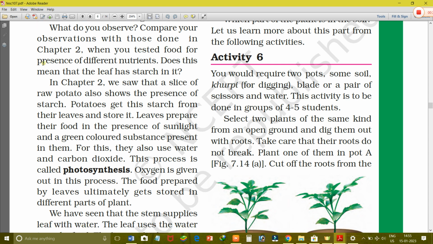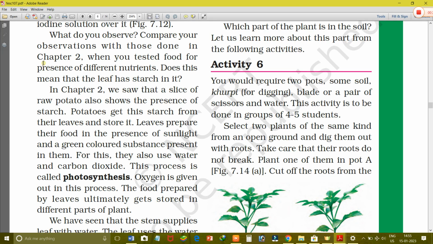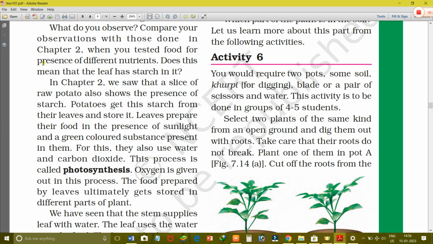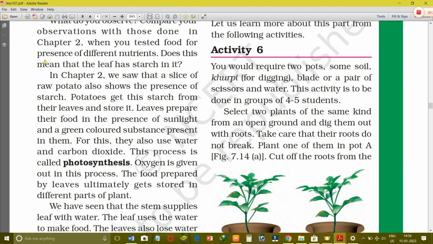For this they also use water and carbon dioxide. This process is called photosynthesis.